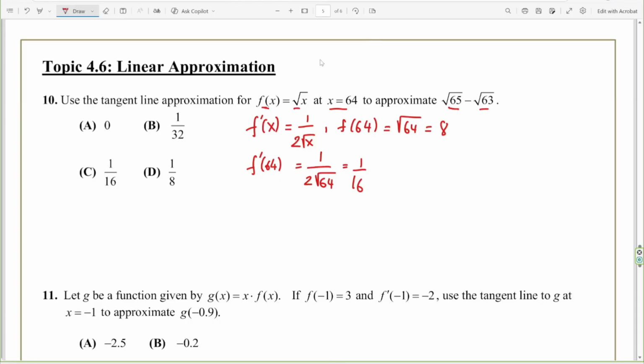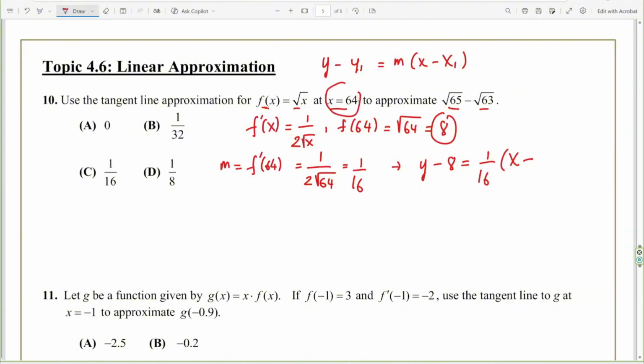Now remember, the equation of the tangent line is given by the formula y minus y1 equals m times s minus s1, right? M is right here, the slope, right? So we have the equation is going to be y minus 8, right? This one right here, y1 equals, the slope is 1 over 16 times s minus s1.